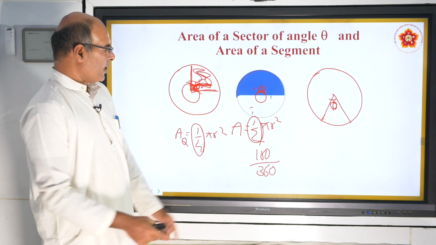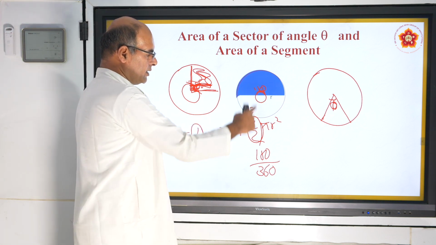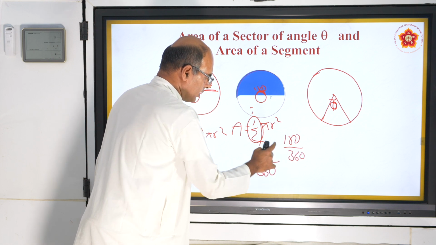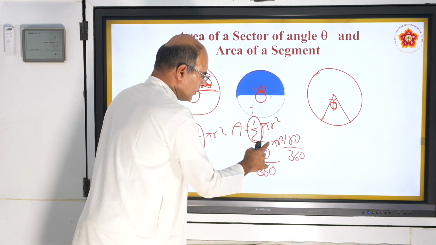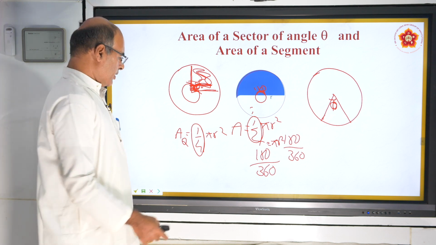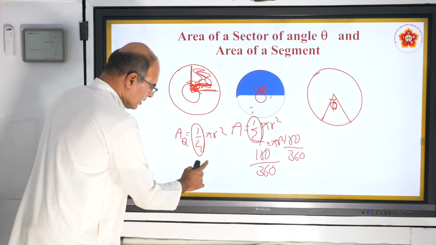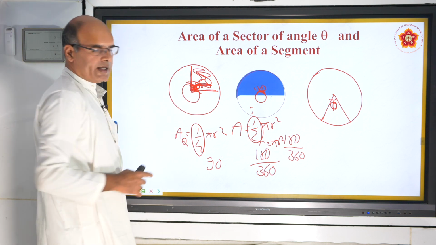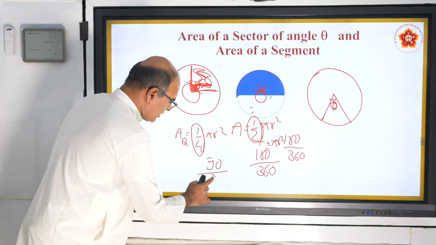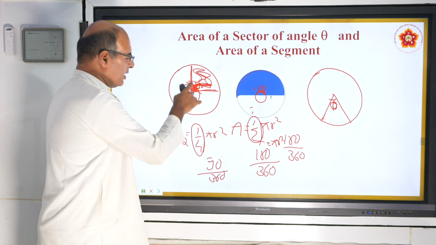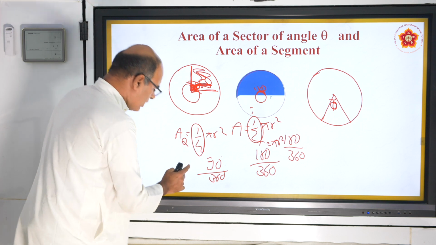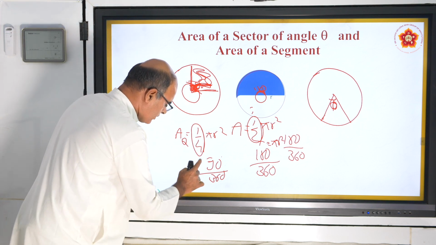So the area of this semicircle is 180 by 360 into pi r square. Here 1/4 is nothing but 90 degree, the angle of this sector, the quadrant, divided by 360, the complete angle. In 360 we have 90 degree here, and the area of the circle is pi r square.